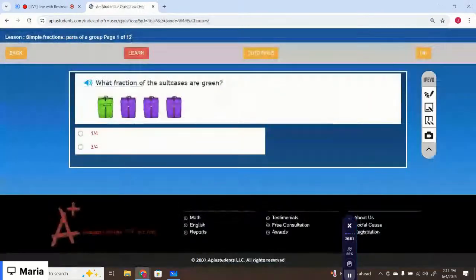What fraction of the suitcases are green? So which is the correct option? Let's just count the total suitcases.